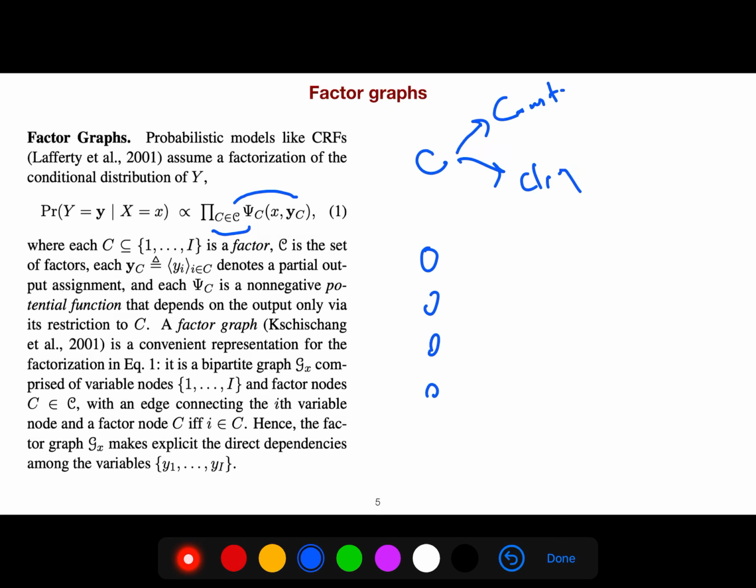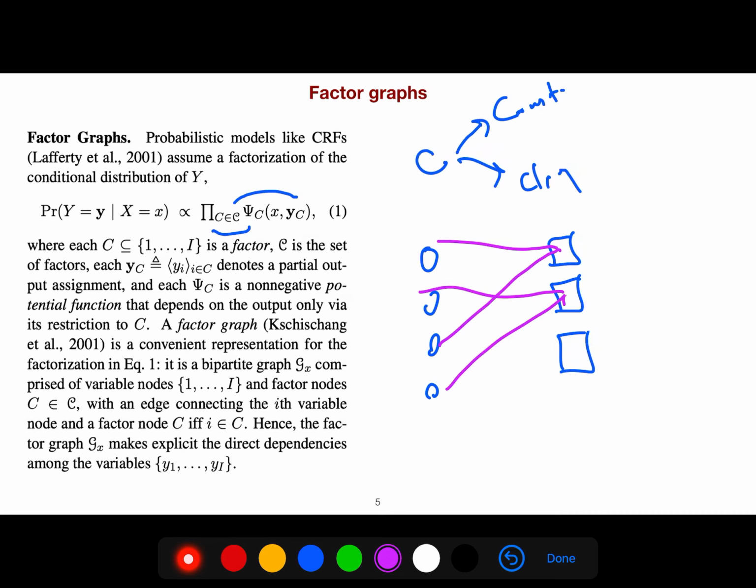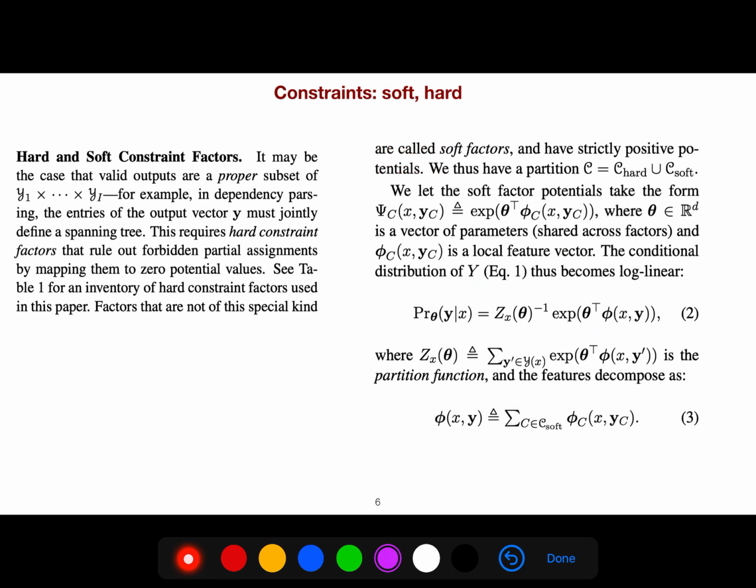So these are variable nodes, and these are factors. You know, it's bipartite, so it could be like this. But the factors are not connected to each other, and these variable nodes are not connected to each other. They're connected indirectly via those factors.